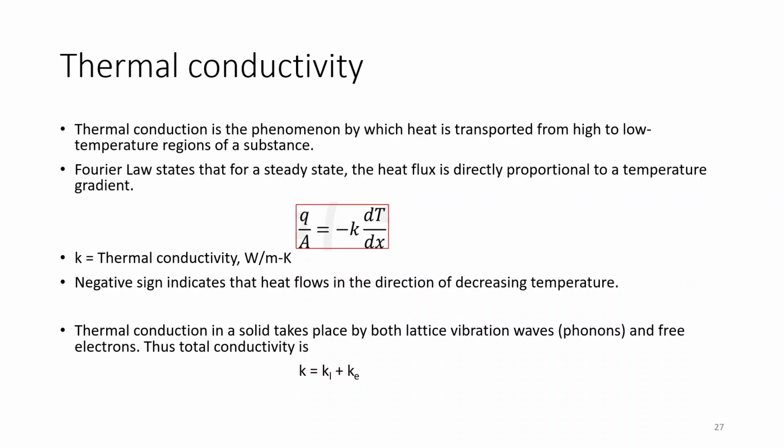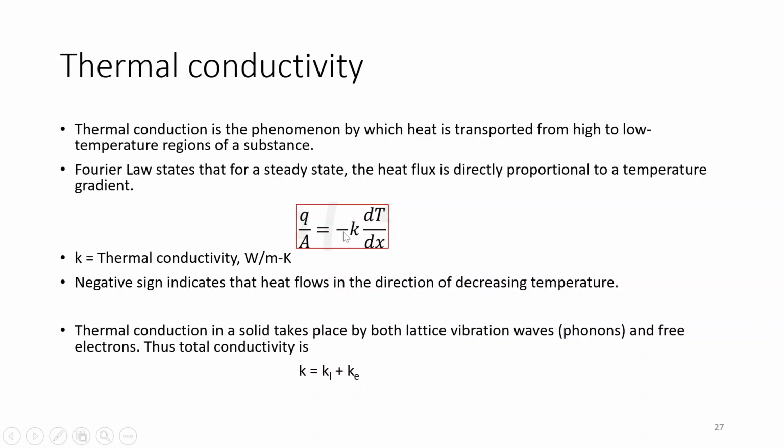Thermal conduction is the phenomenon by which heat is transported from high to low temperature regions of a substance. Fourier's law states that for a steady state, the heat flux is directly proportional to the temperature gradient. Q upon A is given as minus k times dT upon dx. k is thermal conductivity in watts per meter Kelvin.